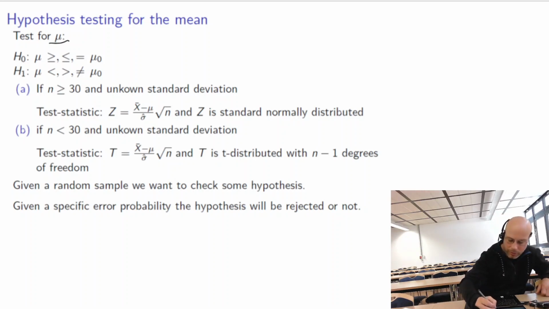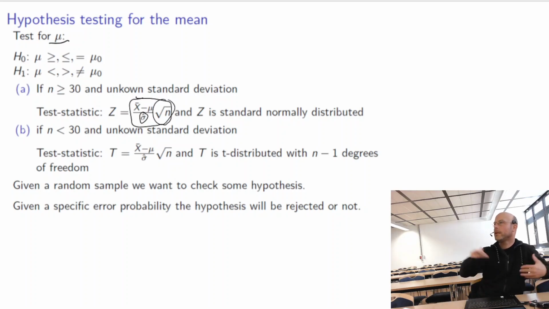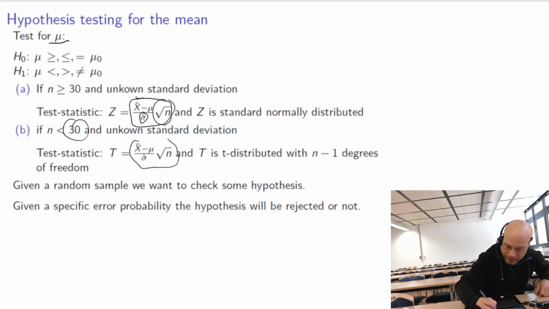we have learned from the central limit theorem that x bar minus the known mean over the estimated standard deviation times square root of n is normally distributed, or if we have a small sample size, then we know that this variable is t-distributed.